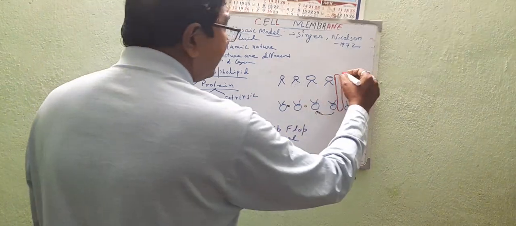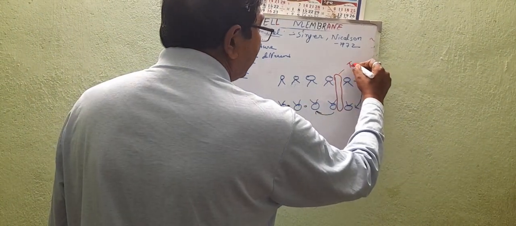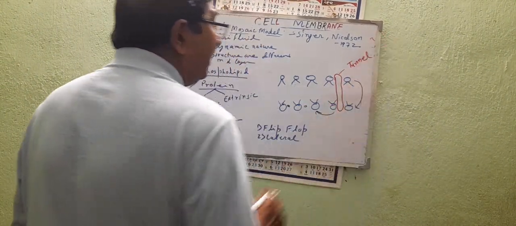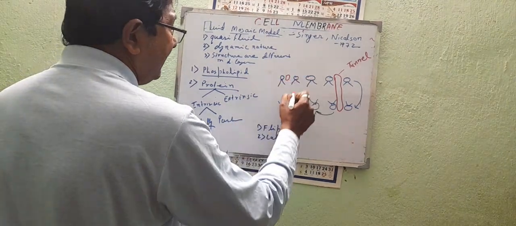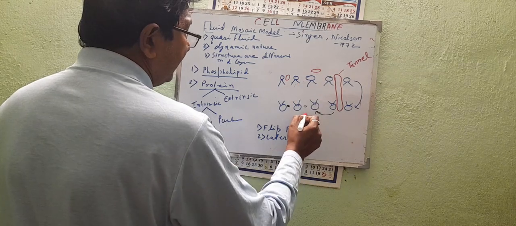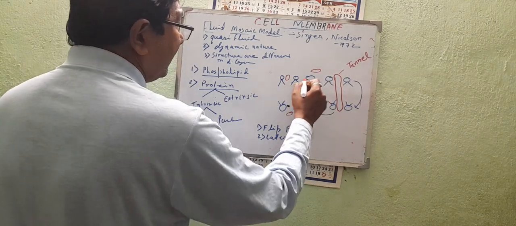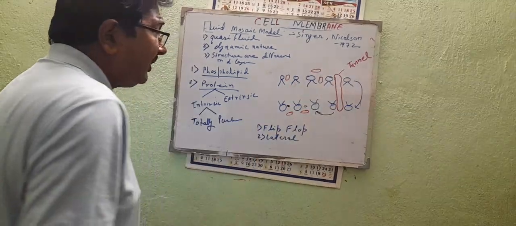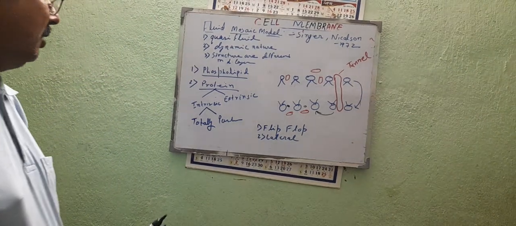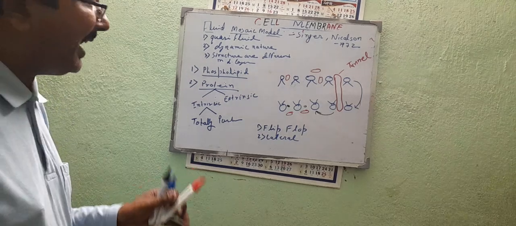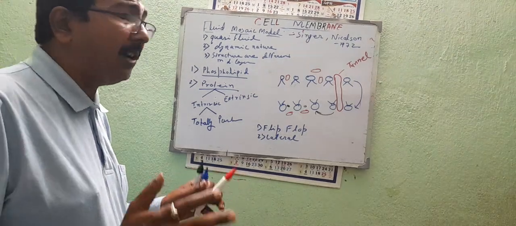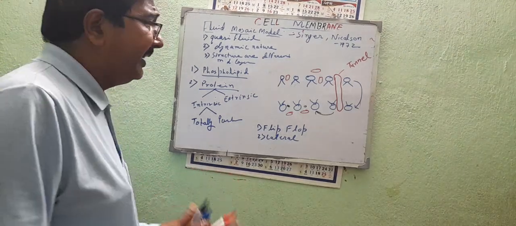This type of protein is called tunnel protein. Some are present partially, and some are extrinsic proteins. So what is the function of tunnel protein? It gives the passage for movement of water and water soluble things.